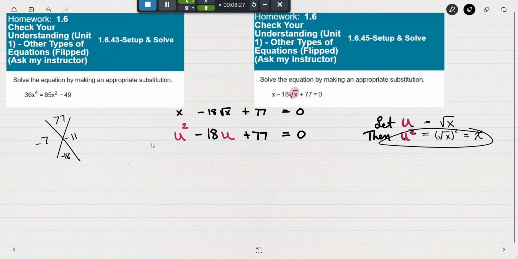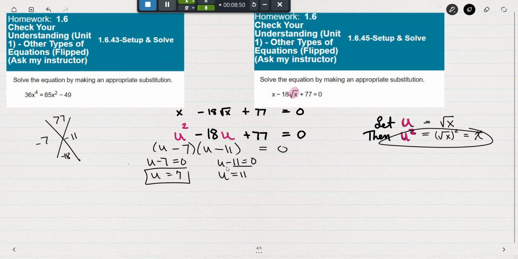So it looks like this will solve factoring: u minus 7 times u minus 11 is equal to 0. So each of those factors to 0. So u minus 7 is 0, gives us u equals 7. U minus 11 equals 0, gives us u equals 11.